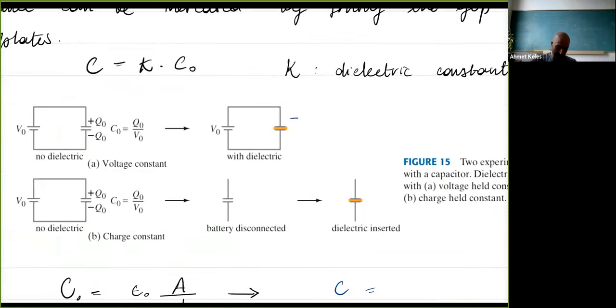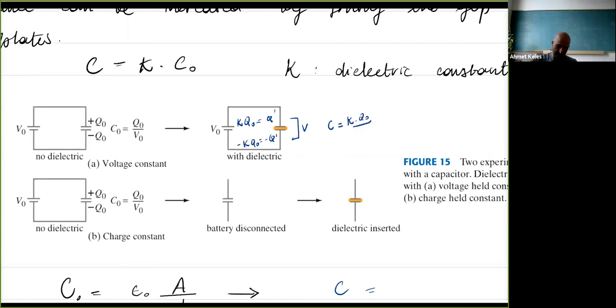And this one changes by minus K times Q0. So if you look at the capacitance, the new charge, which is K times the initial charge, divided by the same voltage, gives you K times C naught. So this K is something bigger than 1, as long as you have a dielectric in it.